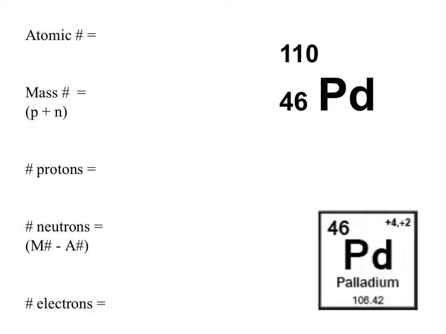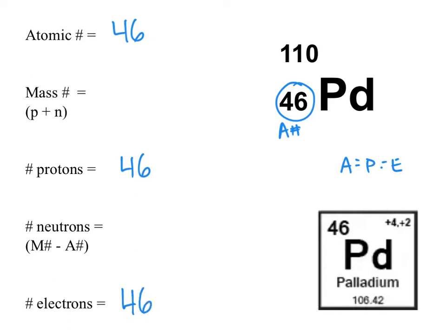All right, so that's the atomic number, 46. And we know that A equals P equals E, which we learned last week. So if I know the atomic number, I also know the number of protons and the number of electrons.